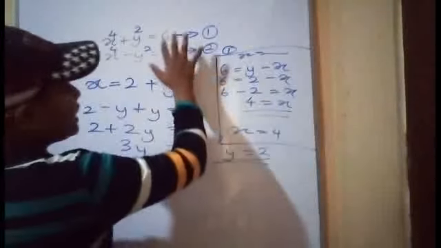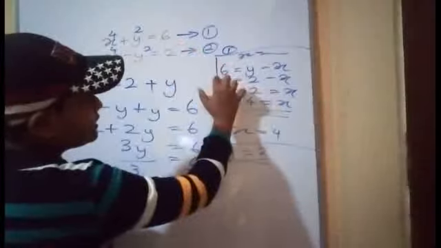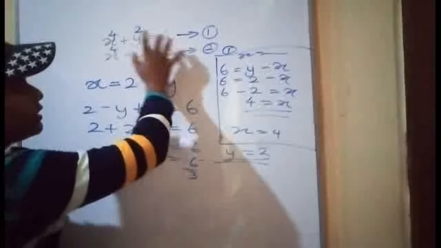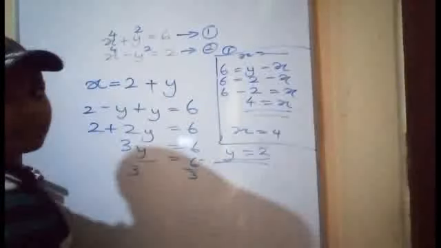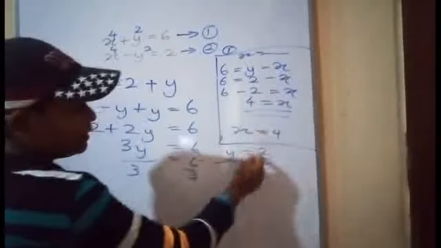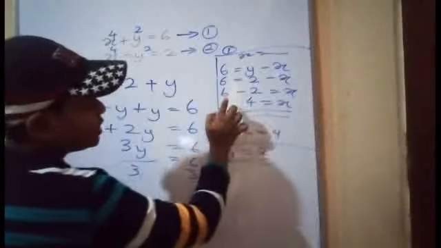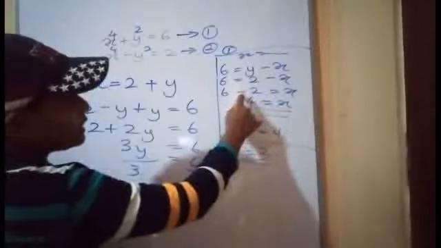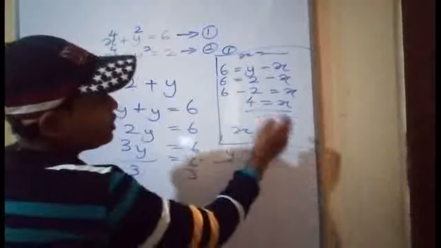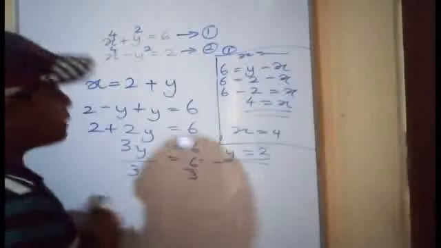From the first one, 6 equals y subtract x. So, the y value is 2 now. So, 2 subtract x. We get now 6 subtract 2 equals x. That means 6 subtract 2 is 4. Now, x value is 4, y value is 2. If you have any trouble, find it there and you can get it.